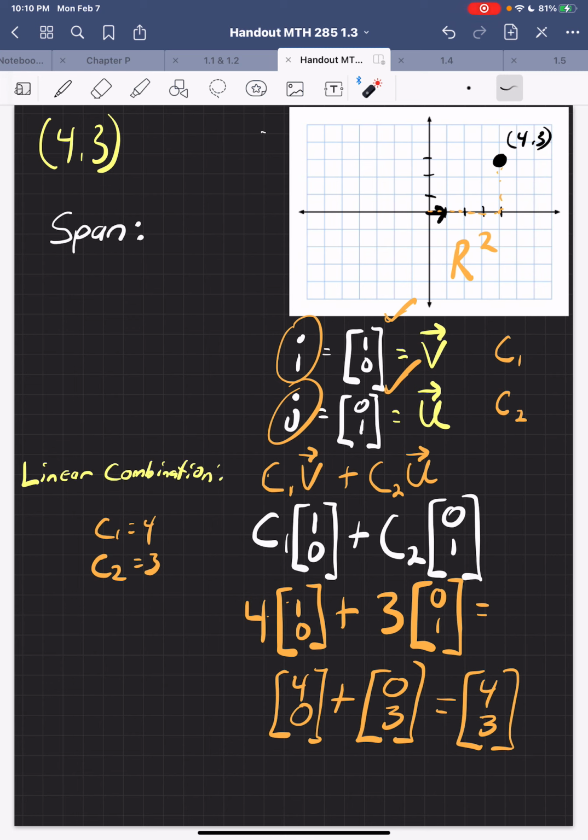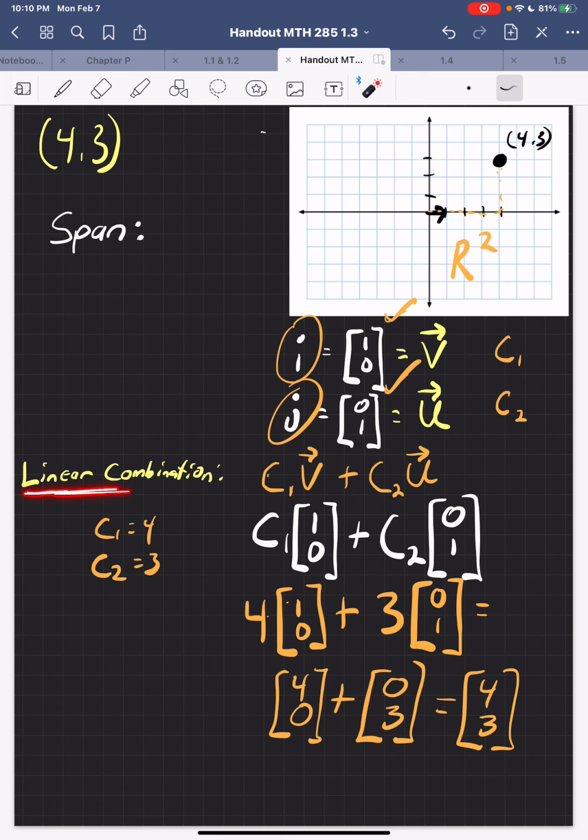We want to start asking: if I were given two other vectors and two scalars, can I still reach every point in R2? Or maybe I can only reach a certain part of R2. Can you imagine if you could only reach the points in quadrant 4? Well, that is where we're going.